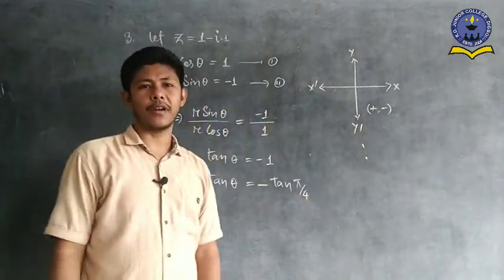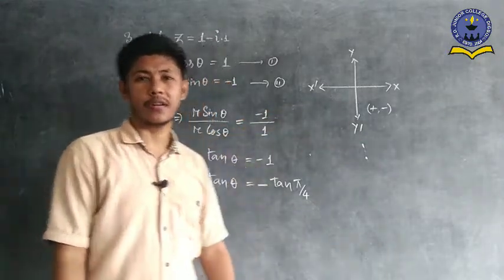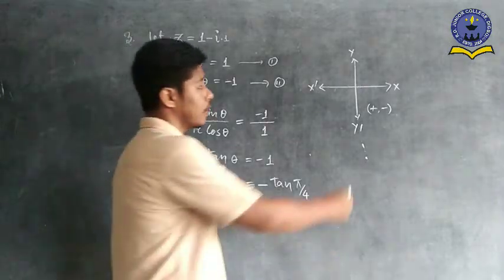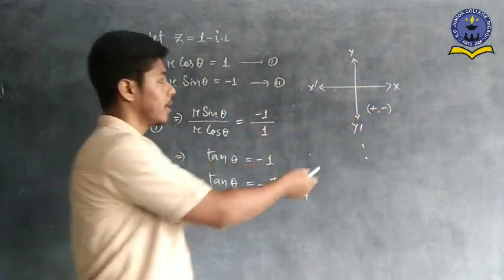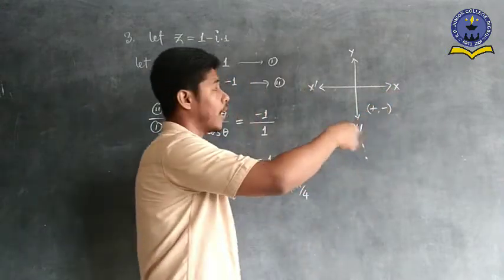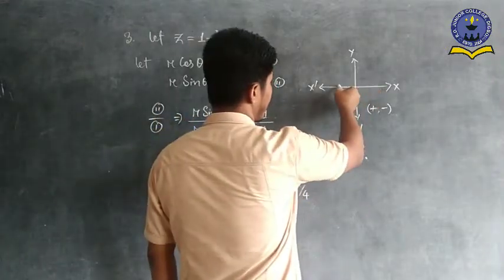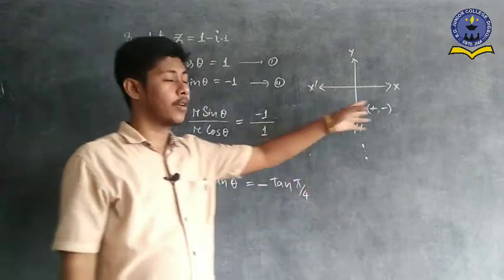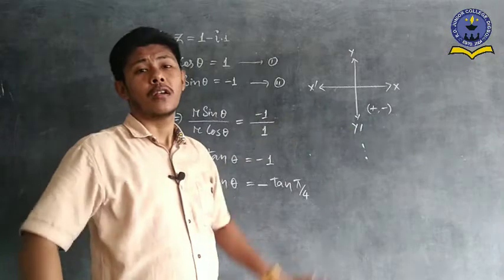So in the fourth quadrant, we can measure the angle in two ways. Already we know, in positive direction or in negative direction. If we measure in negative direction, it is more comfortable, because if this is the fourth quadrant and we measure the positive angle, then pi by 2, pi by 2, pi by 2, that means 3 pi by 2 plus something we have to write. So here we have to measure the negative angle.